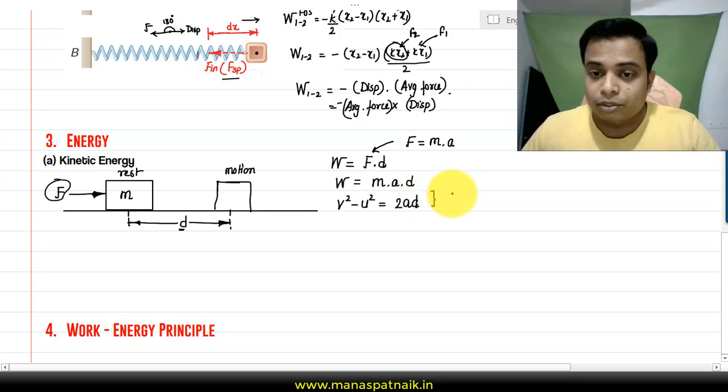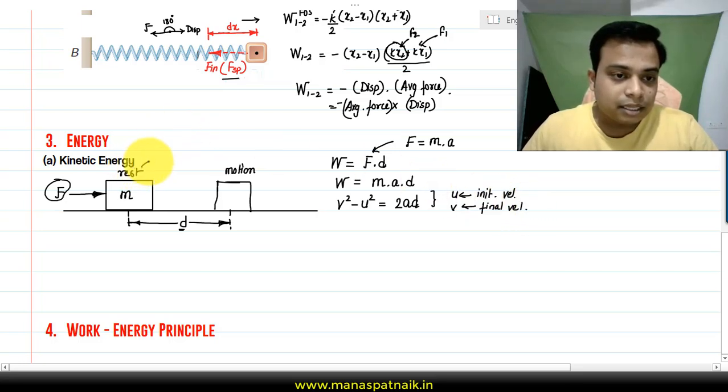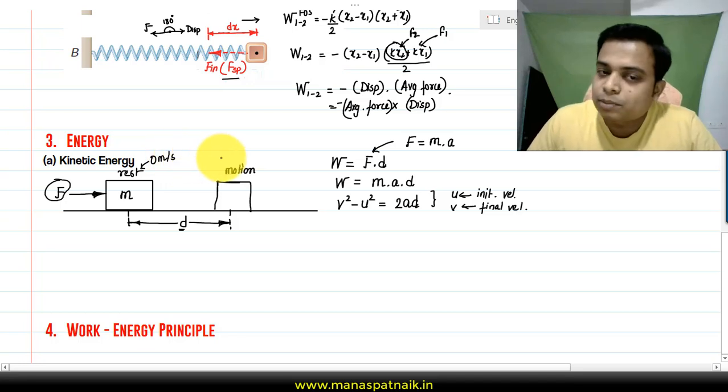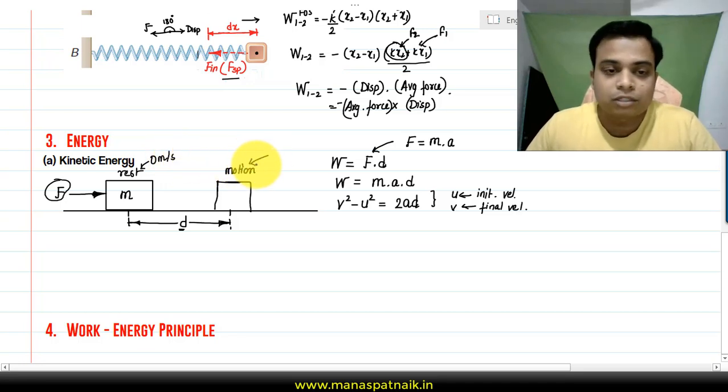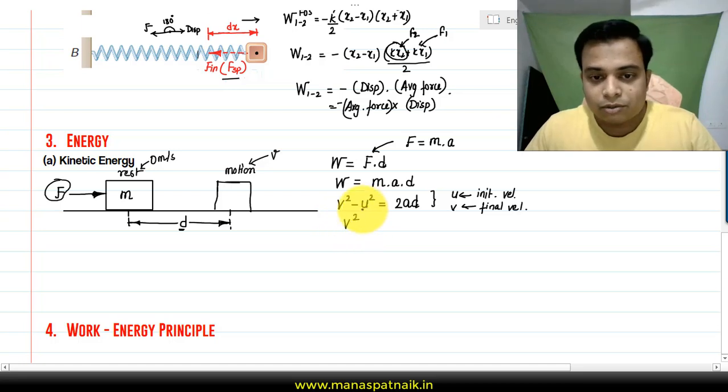Well, all of you should know that u here represents the initial velocity, and v represents the final velocity. You know very well, initially the block was at rest, so the velocity is obviously going to be 0 meters per second. And when the block was in motion, that's the final velocity, and here it's represented by simply v. So what we'll try to do is we'll have this. You put the value 0 over here.